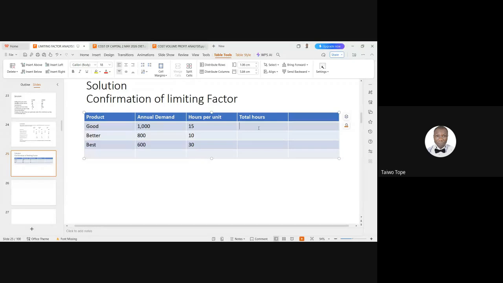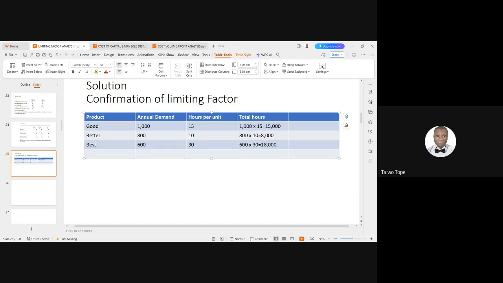For good, 15 times 1,000 is 15,000 hours, then for better, and then for best.